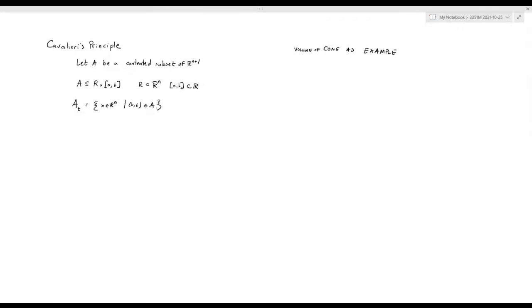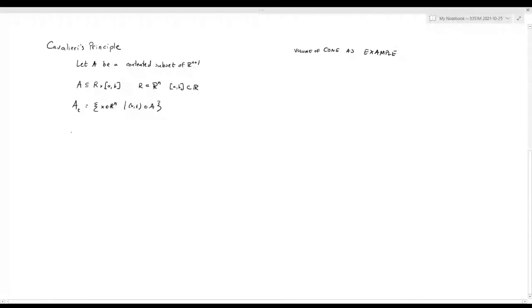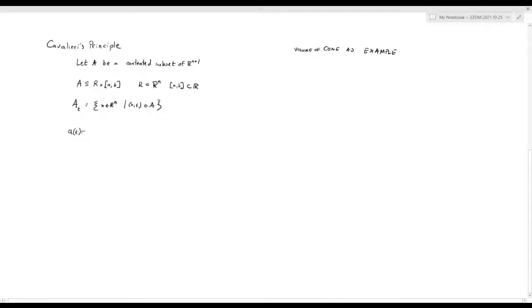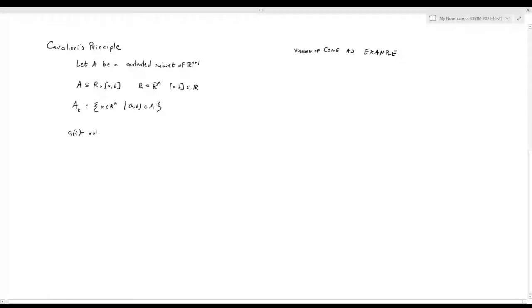And suppose the area, with parameter t, we will define as the volume of A_t.